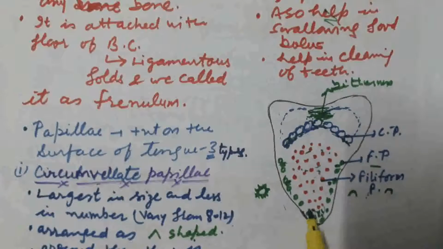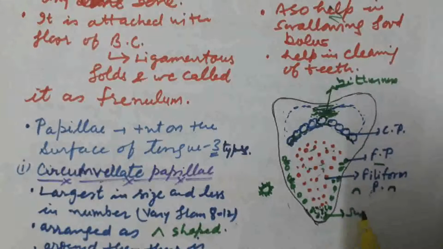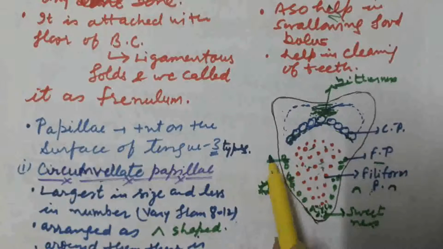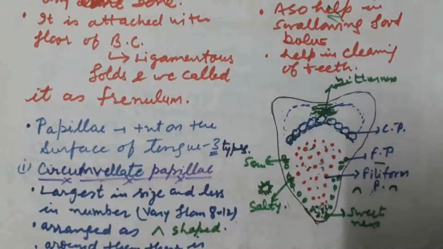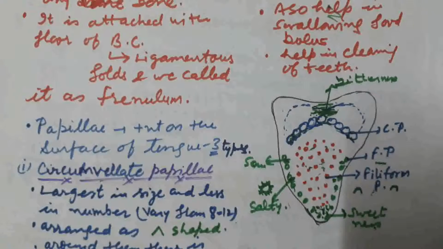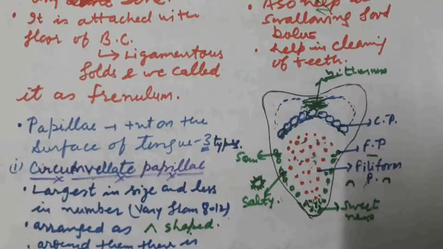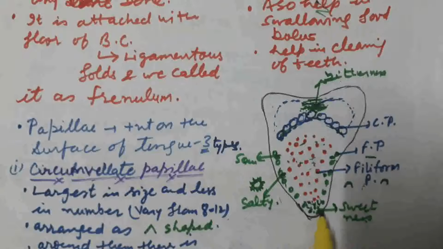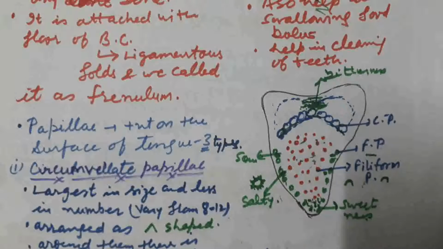At the tip of the tongue there is an area which helps in tasting the sweetness of food material, and on the sides there are sour and salty areas which help in identifying whether the taste is sour or salty. So we can identify four types of taste in the food material: the posterior end for bitterness, the tip for sweetness, and the sides for sour and salty.